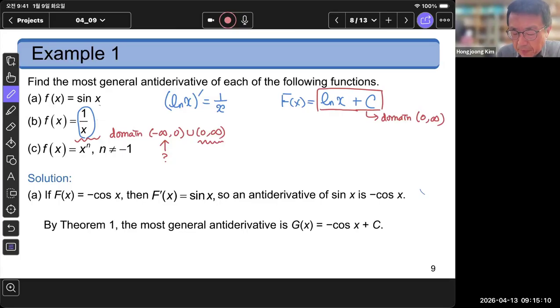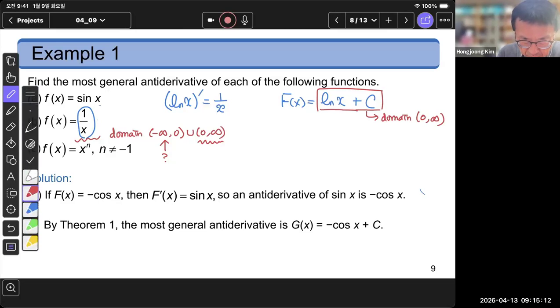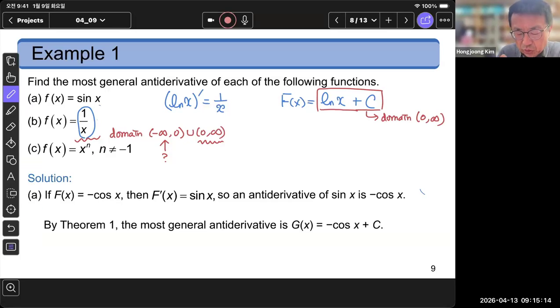Now, to consider this negative x value, let us consider the derivative of log absolute value of x.